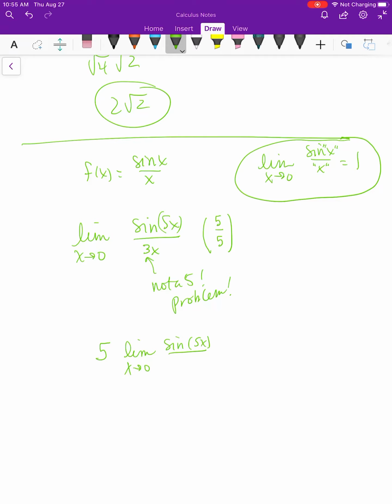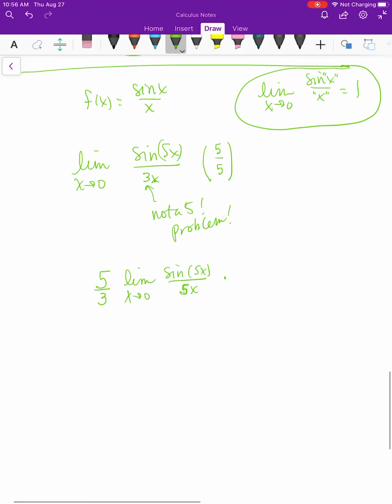This bottom 5, I'm going to leave it there with the x, and I'm going to take that 3 and move it out front. And so now you can see, wait, I know this limit. It's 1. So 5/3 times 1, my answer is 5/3.